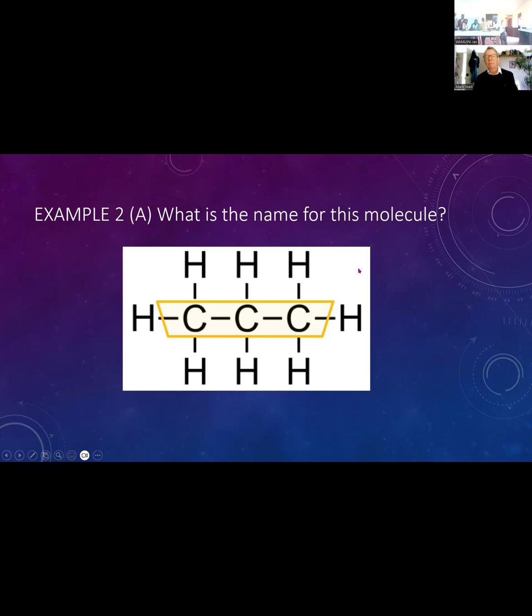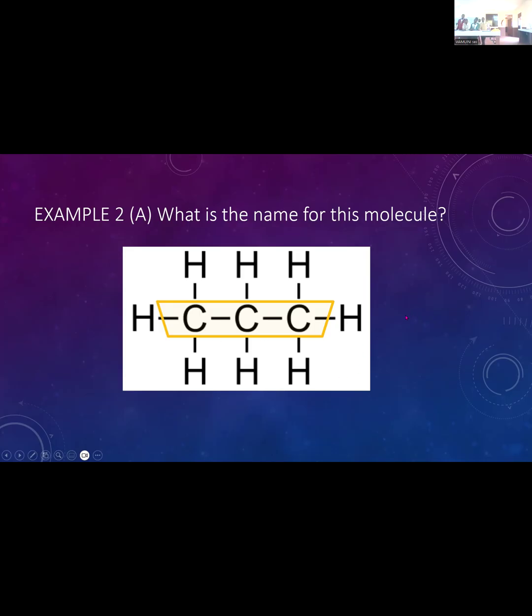So here's another molecule. This one's really easy. It's an alkane. And because it's an alkane, it ends in ane and it has 3 carbons. So it's meth, eth, prop, and it's just propane.